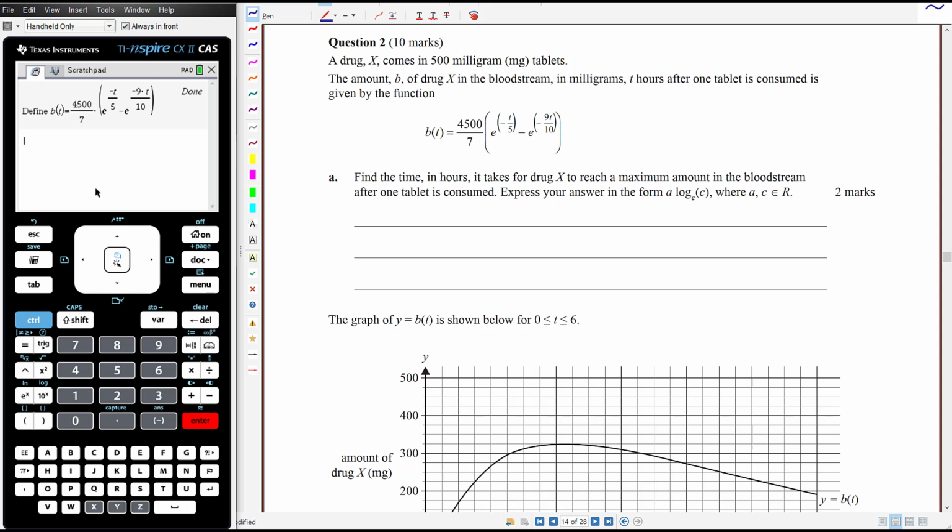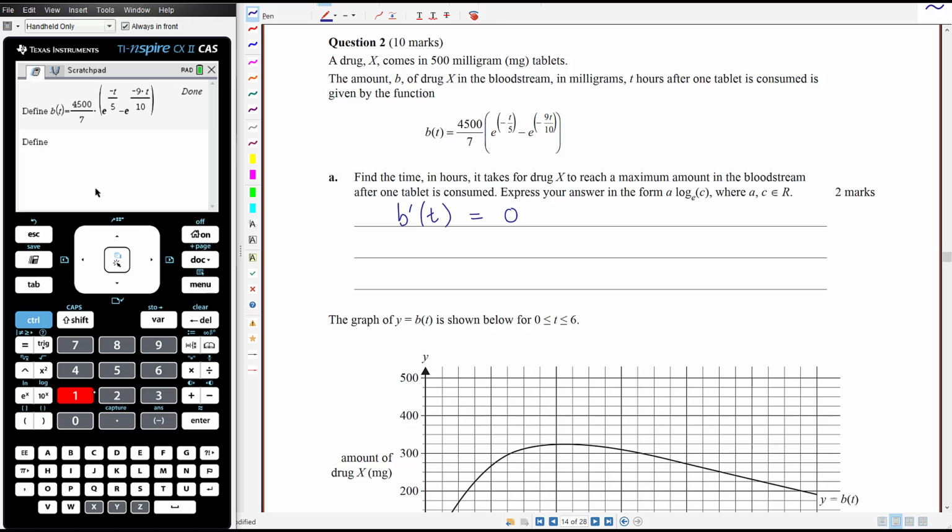Okay, so we've got our function defined. Find the time in hours it takes for drug X to reach a maximum amount in the bloodstream after one tablet is consumed. Express your answer in the form a log e of c. Okay, so we want to maximize b. So we want to solve where the derivative of b is equal to 0. Okay, so well actually I might define my derivative as well.